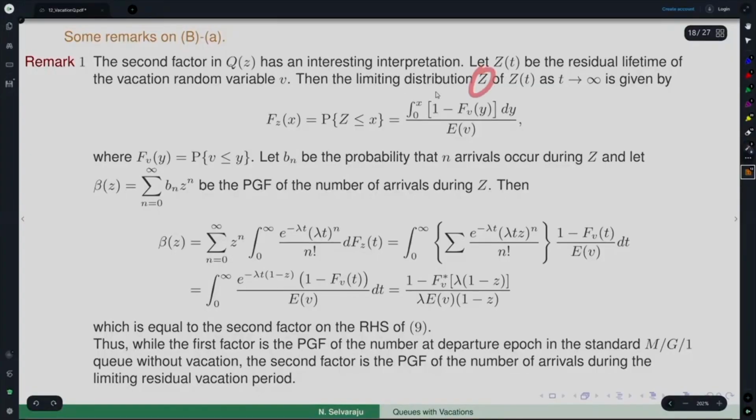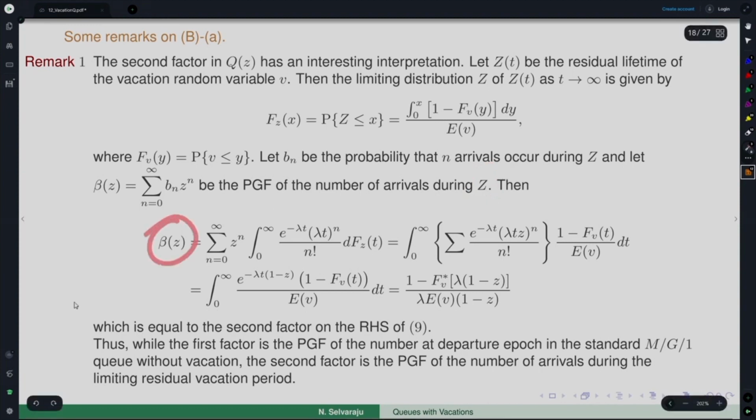Now, we know that its limiting distribution is given by this expression, where this is the CDF of the vacation, which we obtained when we gave the renewal theory arguments. Let Pn be the probability of n arrivals during this Z, the remaining vacation period, and let its PGF be beta of z, the PGF of the number of arrivals during the remaining vacation period.